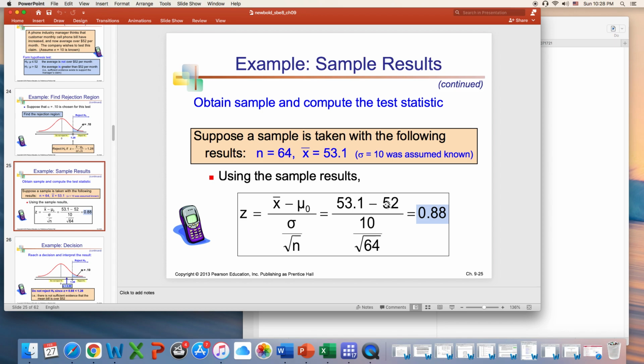Let's say you found on Google that the average for newly graduated students from, let's say, the economics department is 52K. This is just an example. So this is a population mean. You want to see how far the sample mean is from the population mean, and then you divide it by the standard error, which is the standard deviation divided by the square root of the sample size. And you get this number, which is 0.88.